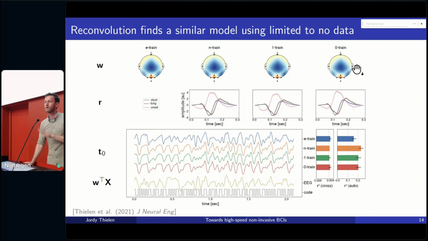To that extent, I would call it semi-supervised, so it's not unsupervised because it knows about the 36 classes that are there. So there's some type of label information. The actual ground truth label we don't have. Each of these three learn a spatial filter as well as the temporal responses. And already from these figures, we can see that they arrive at the same type of responses, given the same data and the same amount of data. Okay.